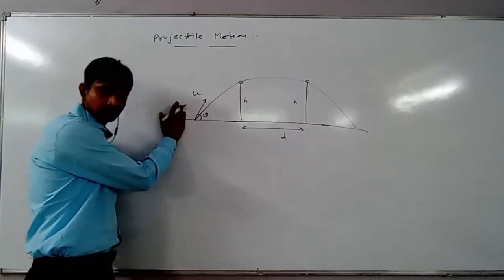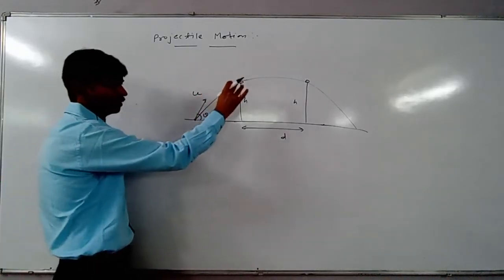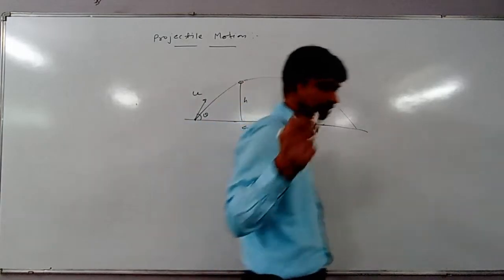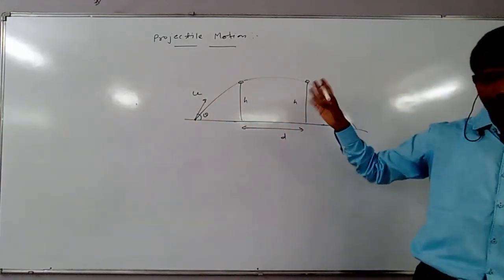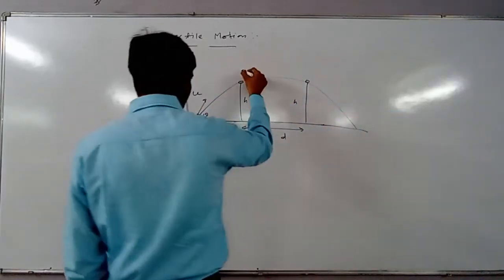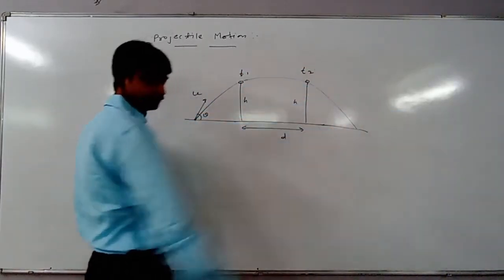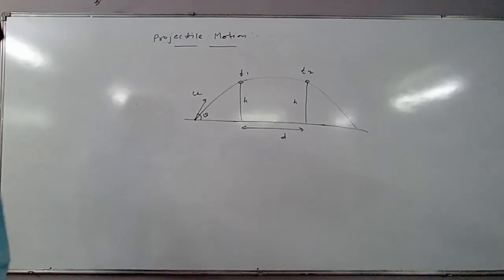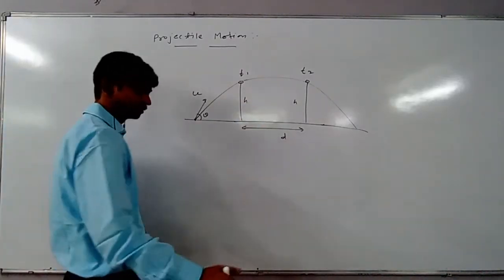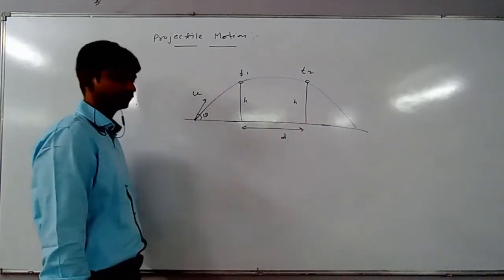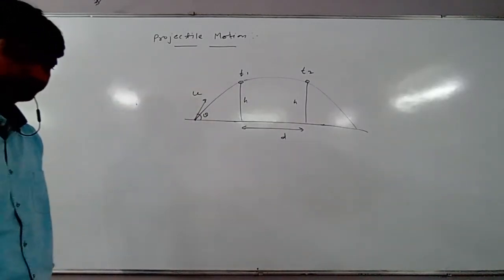A projectile is thrown such that it passes two balls. It passes two balls at a distance d in between them and height h at time t1 and t2. Okay. What you need to find? You need to find the value of h. How will you find? Try to think by yourself.